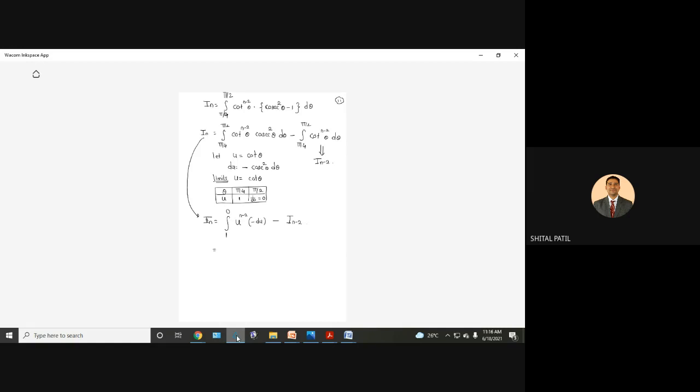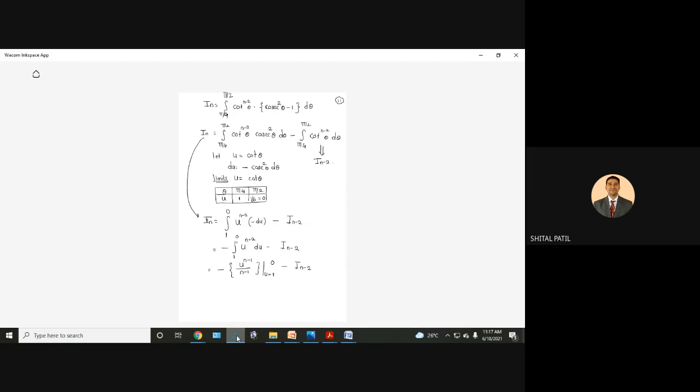So take the minus sign outside. If you want to change the order of limits, it is okay. If you want to keep as it is, there is no problem. This is usual integration. Integrate it. So u raised to 1 is to be added: u raised to n minus 1 divided by n minus 1. Limits of u are 1 and 0.